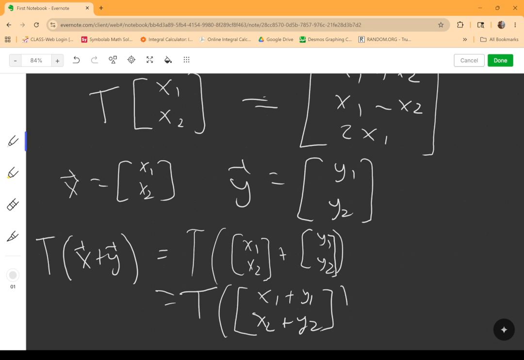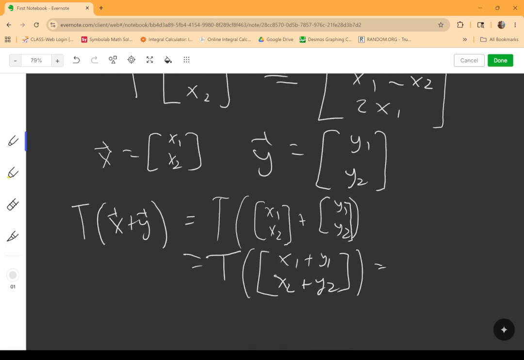Applying our rule, we have x1 plus y1 plus x2 plus y2, and the other component is a subtraction, x1 plus y1 minus x2 plus y2, and then 2 times x1 plus y1.